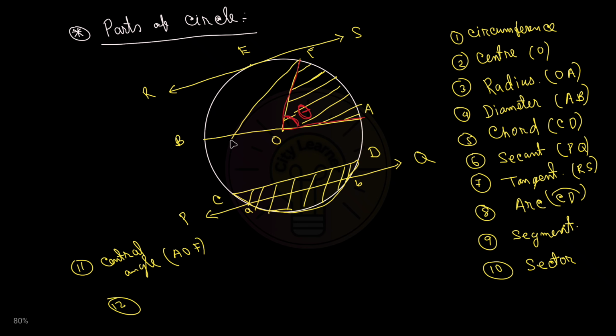And if we draw an angle on the circle, this angle is called the circumference angle, and this angle will be half of theta. Therefore, the circumference angle is half of the central angle.